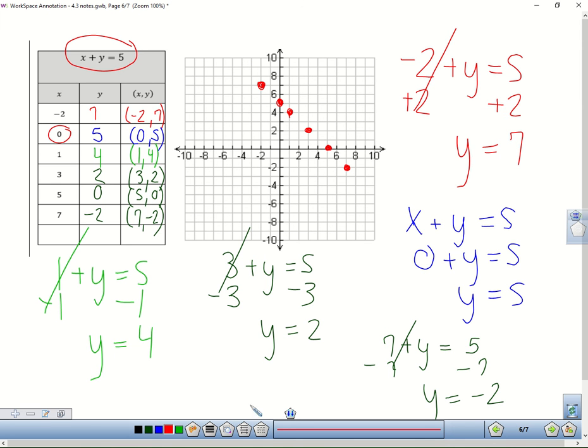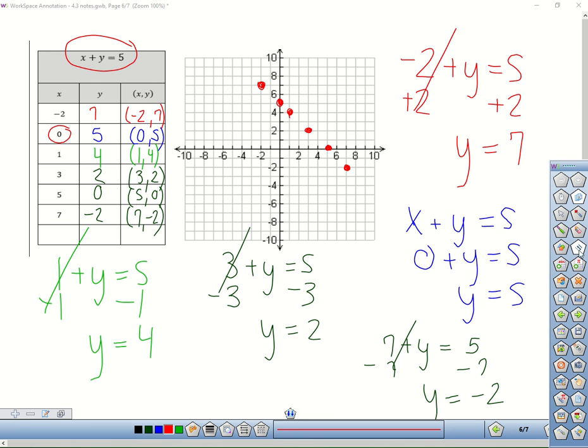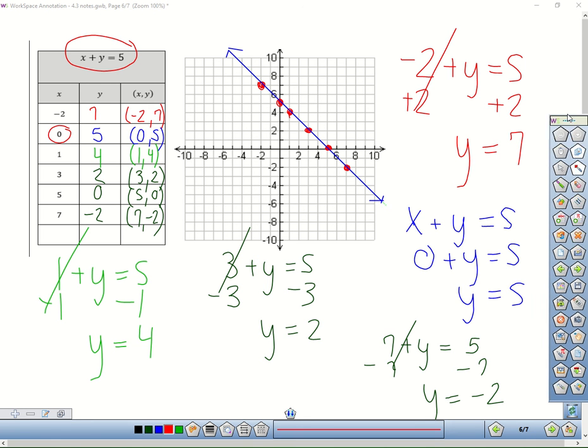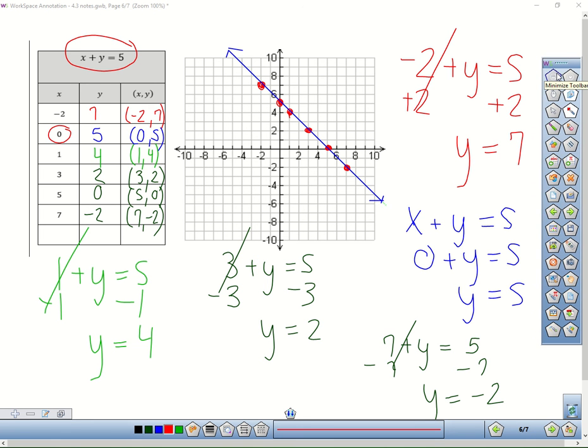So then once you have that, you're just going to connect it like this. And you should have a straight line. You guys good with this?